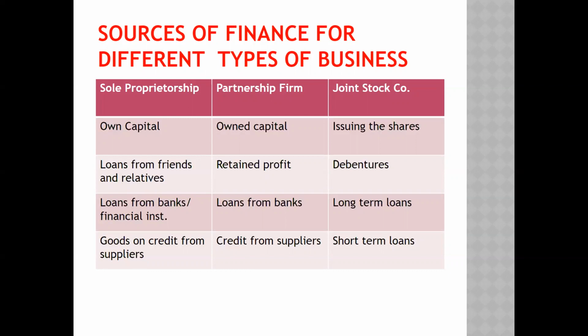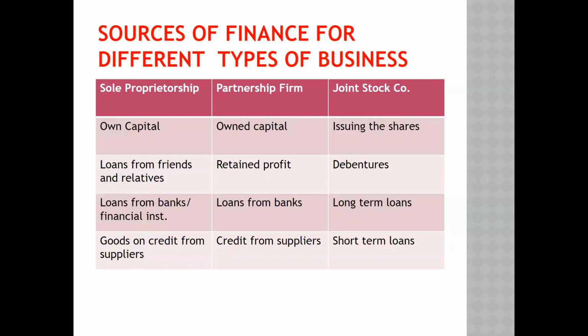If it is not sufficient, he can take loans from friends and relatives, or from banks or some financial institutions, or he can purchase goods on credit from suppliers. Because a sole proprietorship is a small business, too much funds are not required here.